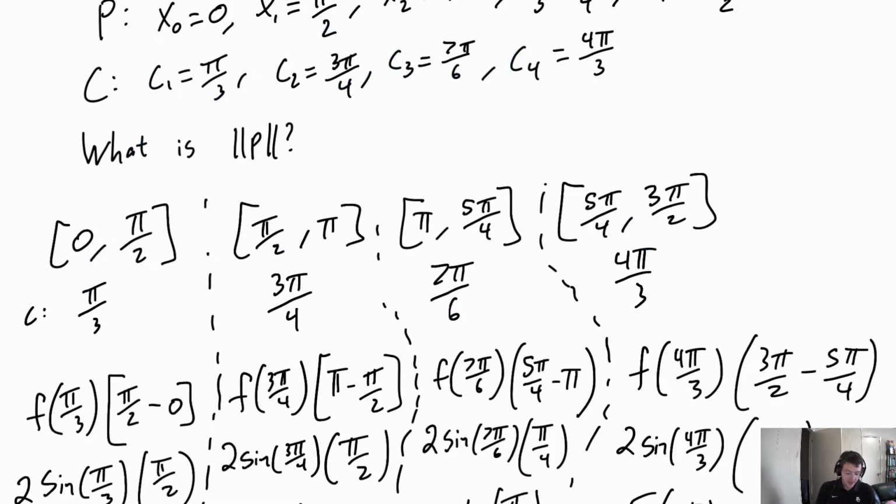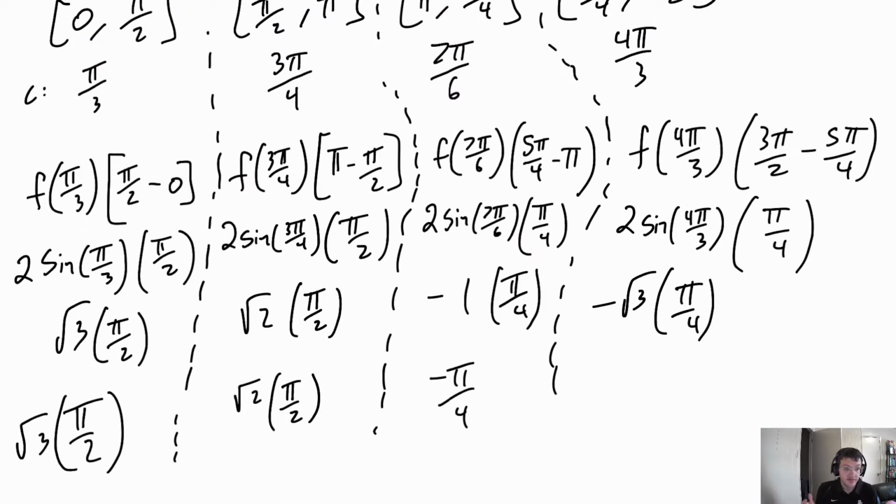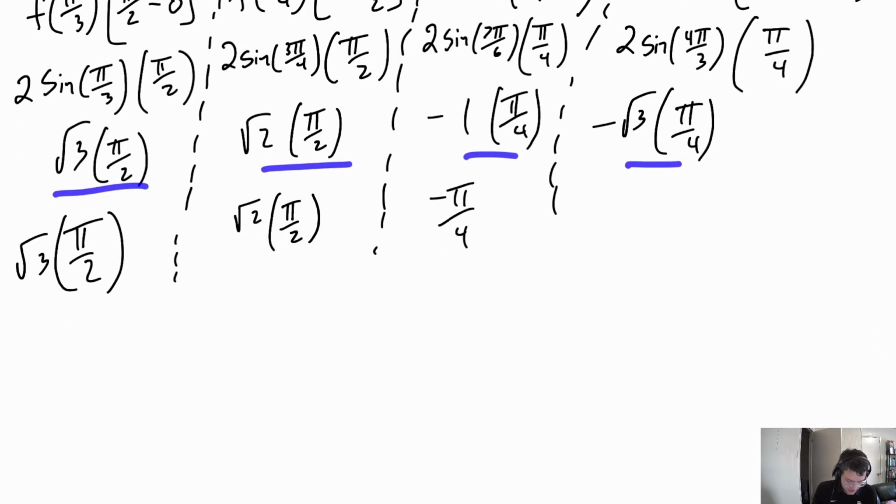With that information, we were able to calculate the area of some rectangles. The height of each rectangle was f of our given sample point, and the base length is just the length of the interval. We computed the area of these different rectangles, and now we can add them together, and that will give us everything we want.